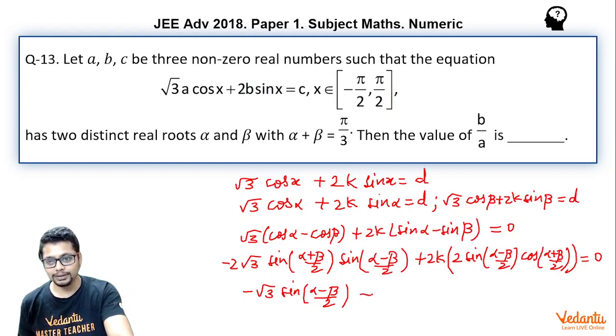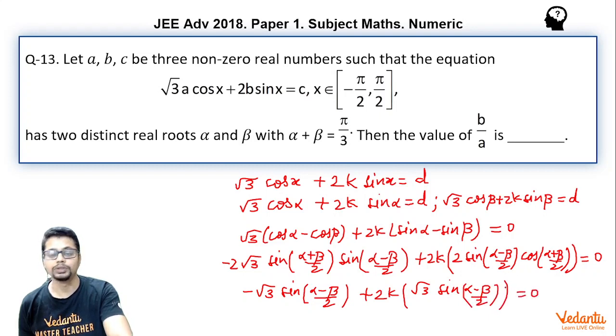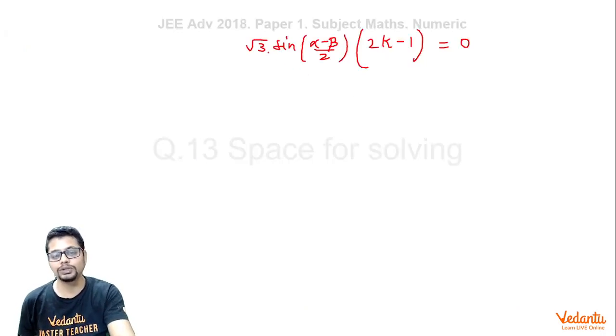So I get plus 2k multiplied by root 3, because 2 times cos pi by 6 becomes root 3, sine of (alpha minus beta) by 2 equal to 0. Now clearly we can take root 3 sine of (alpha minus beta) by 2 common, and the other factor would clearly be 2k minus 1. So essentially I get this equation: root 3 sine of (alpha minus beta) by 2 times (2k minus 1) equal to 0.